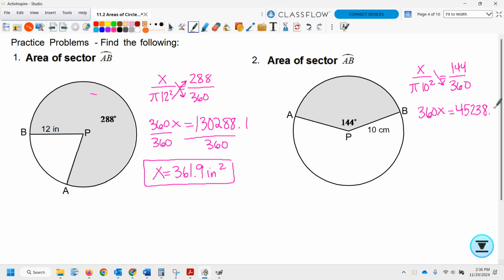Round to the nearest tenth. Dividing that by 360, 45,238.9 divided by 360, x is equal to 125.7 centimeters squared because it's area.